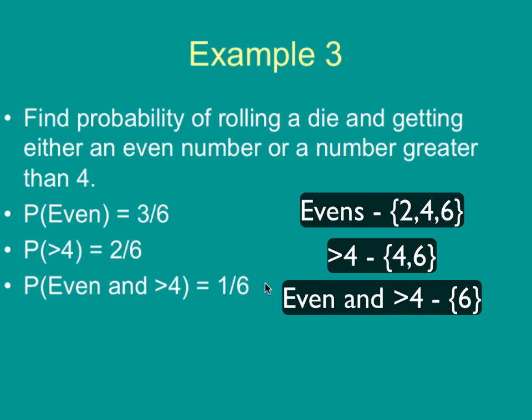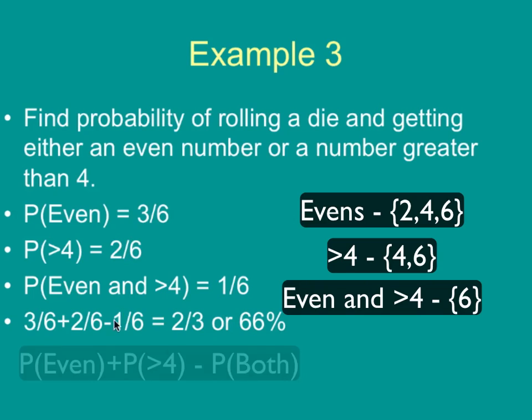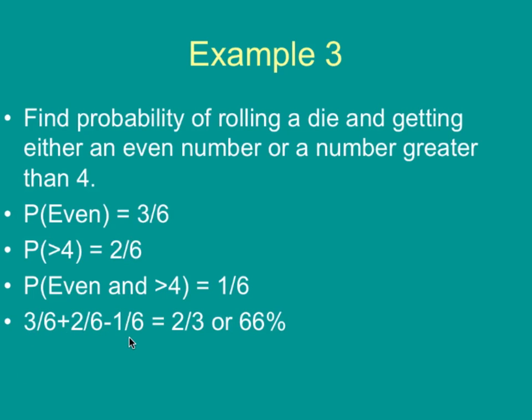This is 1 out of 6 because the number 6 is both even and greater than 4. So the number 6 would be included with the evens and also with the greater than 4s. In our formula, we add together the probability of even plus the probability of greater than 4, and subtract the probability of both. You can just type this into your calculator and get a fraction, reduce 2/3, or 66%.